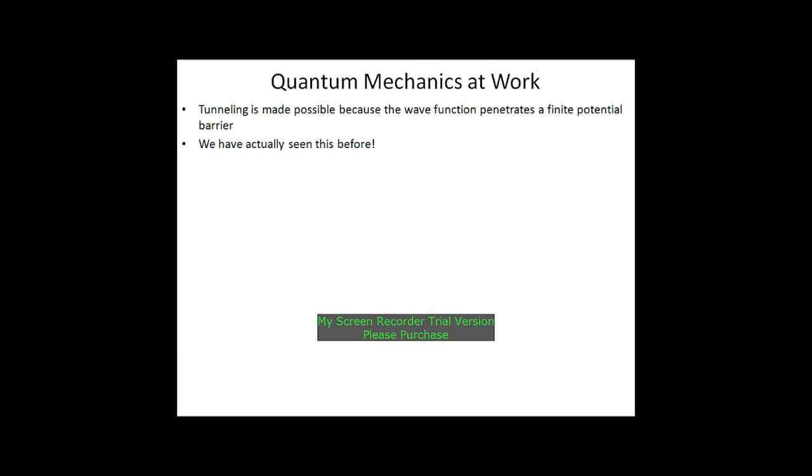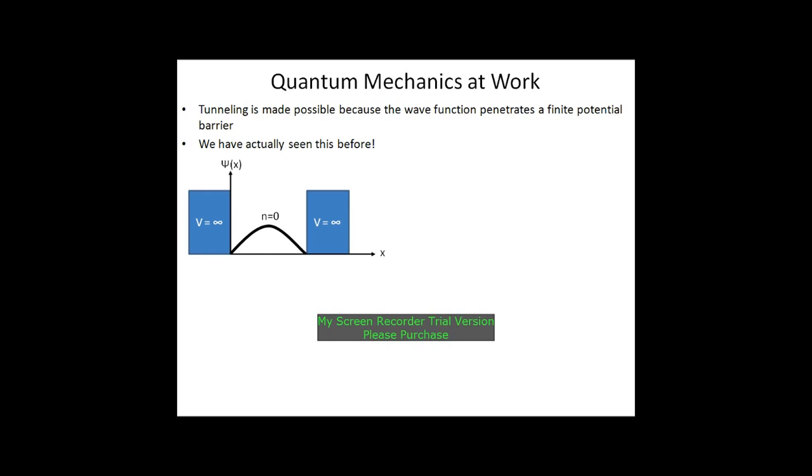So the tunneling is made possible because the wave function penetrates a finite potential barrier. And we've actually seen this before in some of our homework assignments for the semester. If you consider an infinite potential well here, let's just consider the energy state n equals 0, nothing higher.